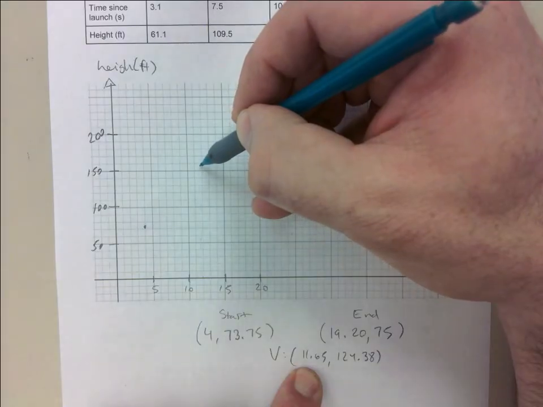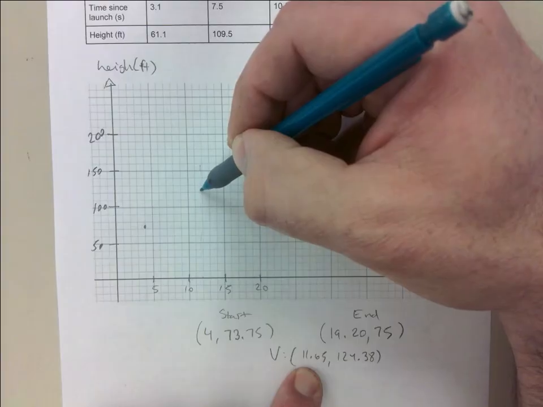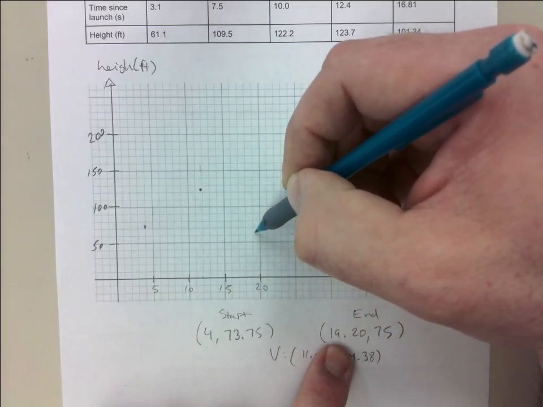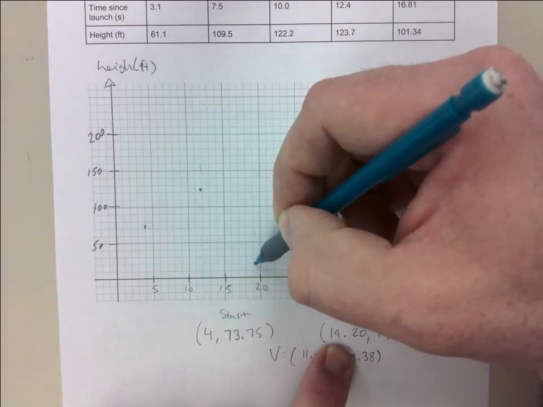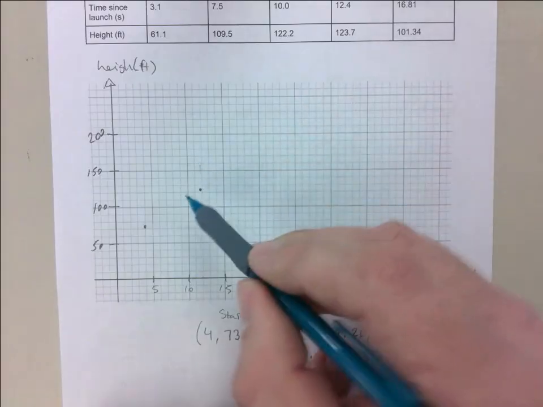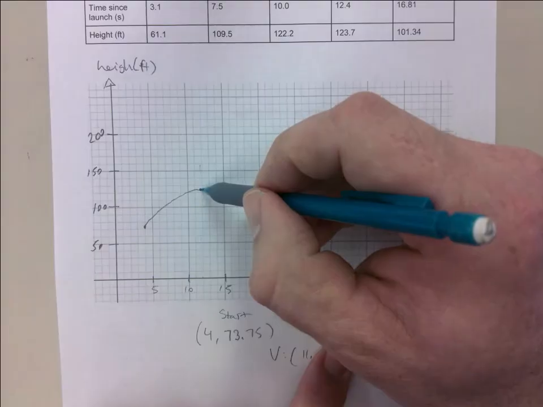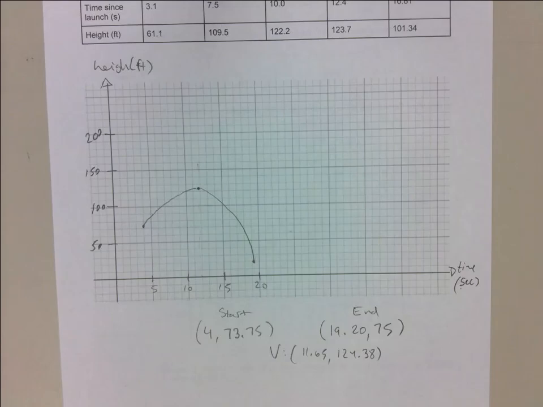All the way to 125, 124. Close enough is good enough. Then 19.20. And I'm at 20 here. This is 25. 20 is right there. So from the vertex, I'm going to go to that. And from the vertex, I'm going to go to that. Okay. So that's what it should look like.